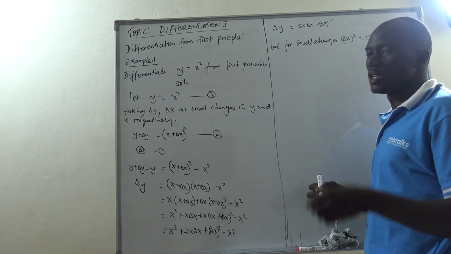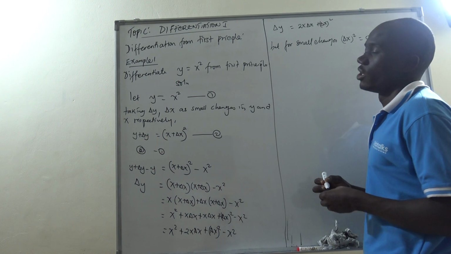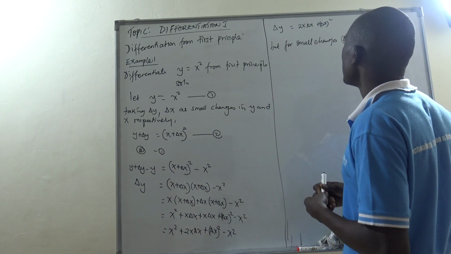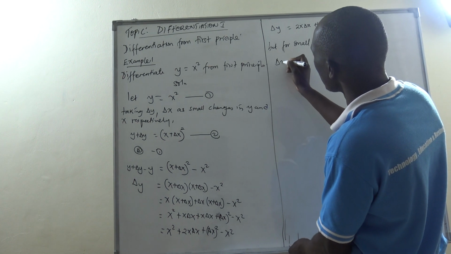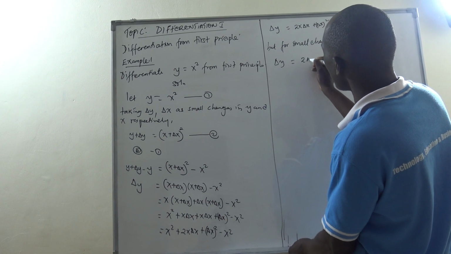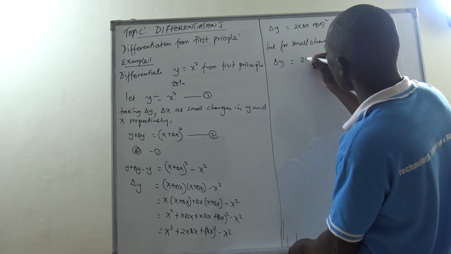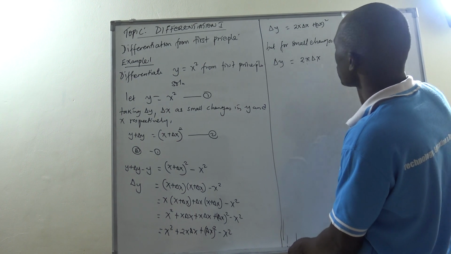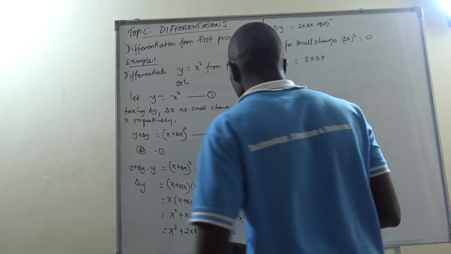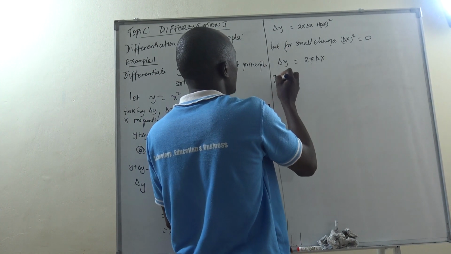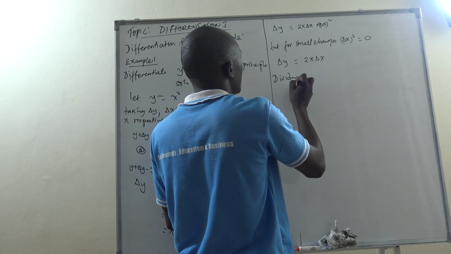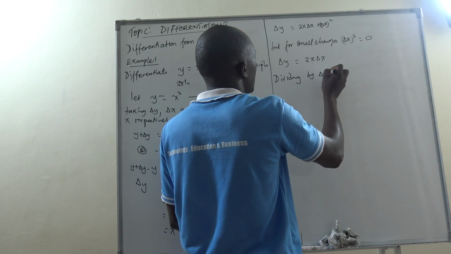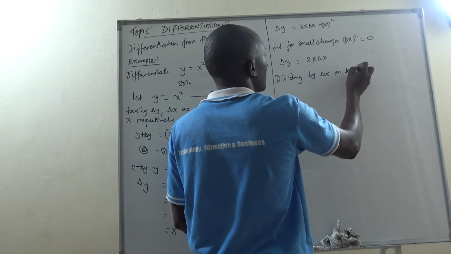So when you multiply a small change by a small increment, you automatically come out with 0. So we are remaining with delta y equal to 2x delta x. Since this one is already 0, you can say dividing by delta x on both sides.